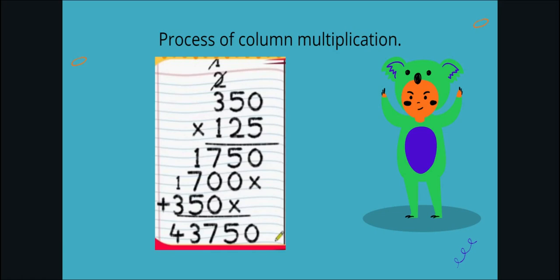And in the third line we multiply 350 by 100. So in the second line, ones place will be 0. In the third line, ones and tens places will be 0. After that, these three lines will be added and we will get the product 43,750.